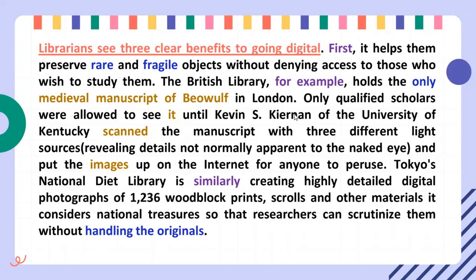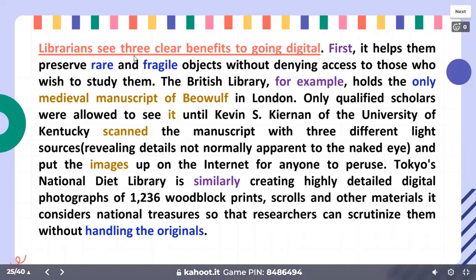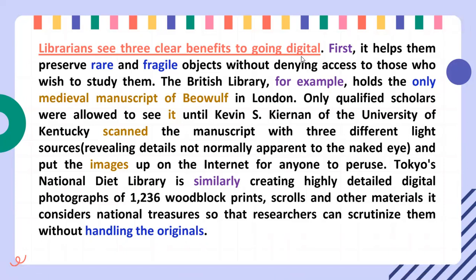Okay, now here, what do you call this sentence? Librarians see three clear benefits to going digital. Topic sentence. Excellent, very good. This is the topic sentence, and it is the sentence that has the main idea.